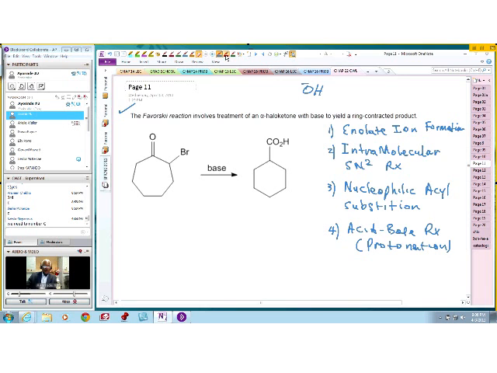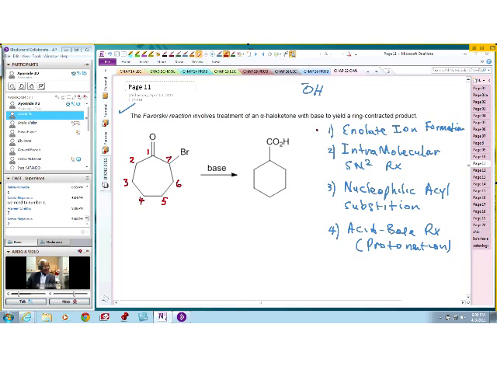Okay, before we proceed, let me go ahead and number these carbons. This is carbon 1, carbon 2, carbon 3, carbon 4, carbon 5, carbon 6, carbon 7. Okay, let us start. The first step: anybody tell me, where are we going to form the enolate ion? Just give me the number.